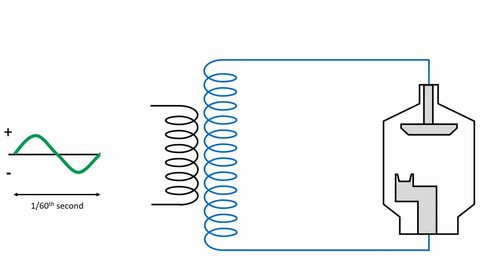Each cycle is 1/60th of a second, so there are 60 cycles in 1 second. The yellow indicates the first half of the cycle, which is 1/120th of a second. The yellow here indicates the last half of the cycle. This too is 1/120th of a second.